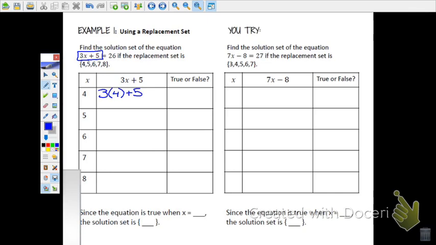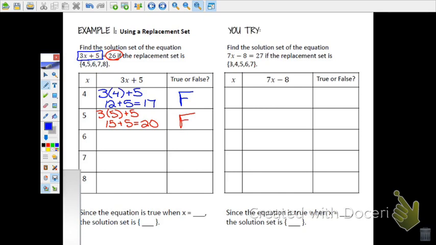3 times 4 is how much? 12 plus 5 is 17. We are wanting it to equal 26. So this is false. Then we continue. This time we put in the 5. So we get 15 plus 5, which is 20. So that one is false.